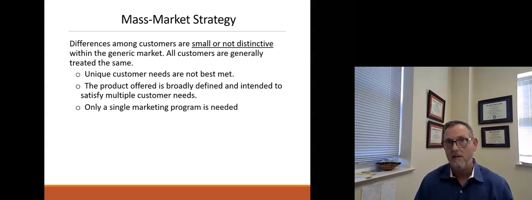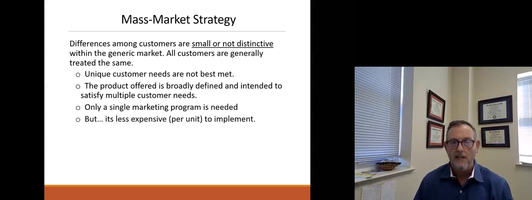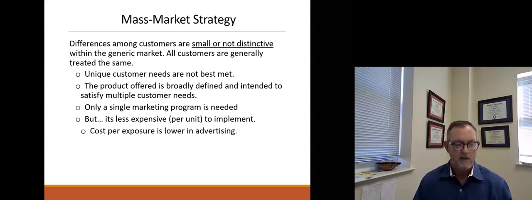We don't have to make a lot of changes, and that creates a lot of efficiency. So when we're thinking about best using our marketing and sales expense budget, this is a good way to get a lot for your money, or expose a lot of people to your product and build awareness to a large audience. However, it doesn't finely tune the approach.